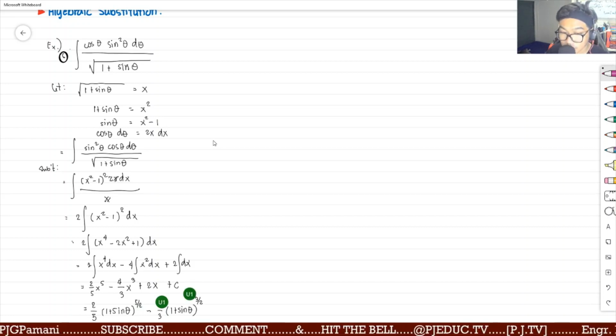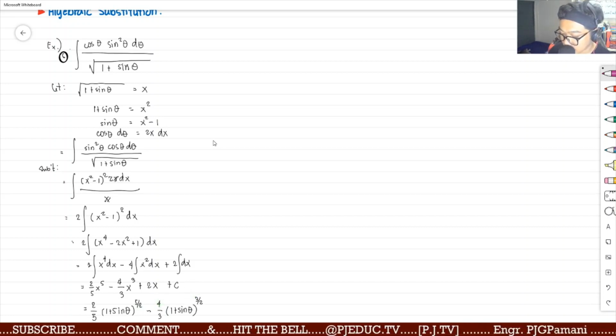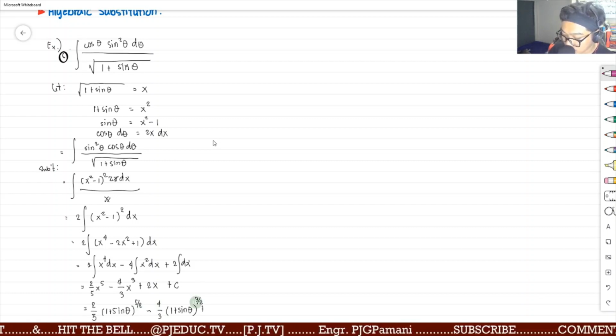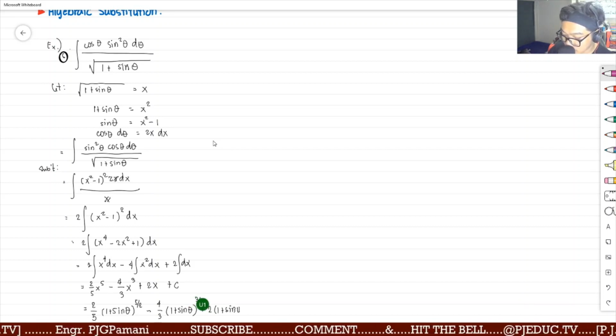Dinistribute ko lang ha, parehas lang naman yun, and 2 times 1 plus sine theta raised to 1/2 plus c.